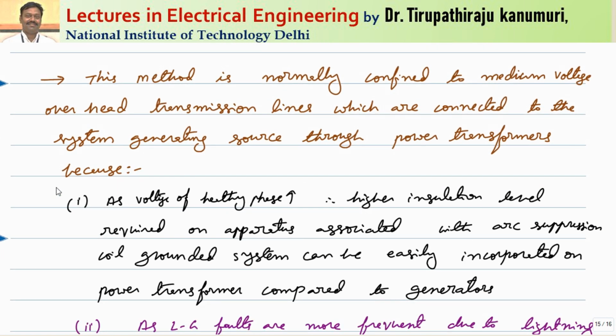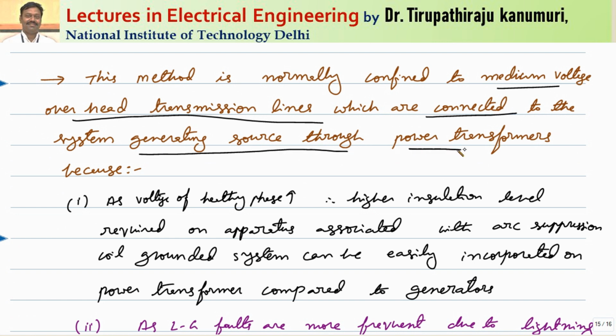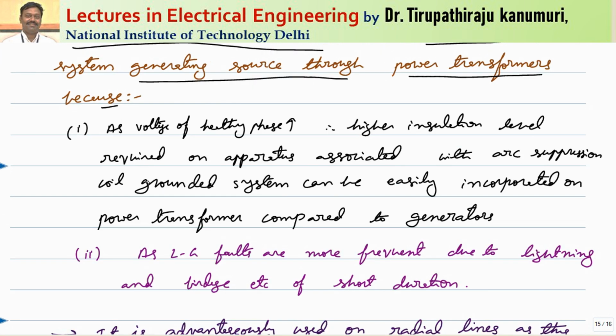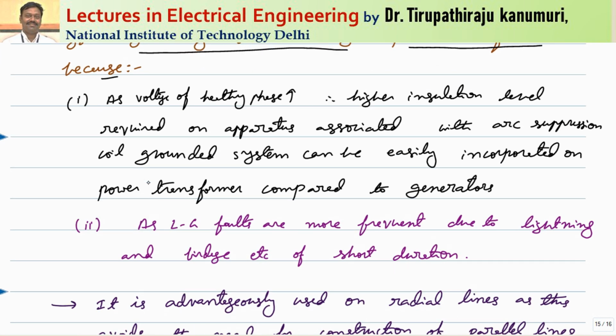So this method is normally confined to medium voltage overhead transmission lines which are connected to the system generating source through power transformers. That means only for grounding the power transformers we go for resonant grounding. We don't go for resonant grounding for earthing the alternators. The reason is, we know the voltage of the healthy phases increases under the fault conditions.